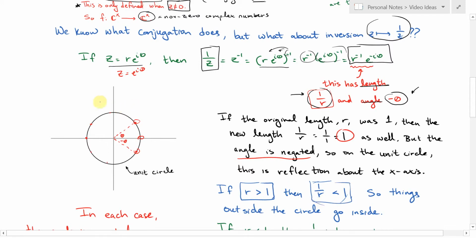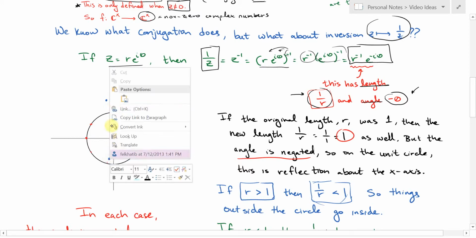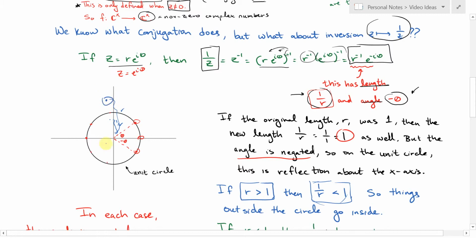For example, if you draw this point over here, with length r, then when you invert, your new length, 1 over r, is going to put you somewhere around here, a little less than 1. On top of that, theta gets negated in the same way, so it also involves a reflection. So that point gets mapped to some point right there. The length is the reciprocal of the length, and the angle gets negated, so that angle becomes negative that angle.